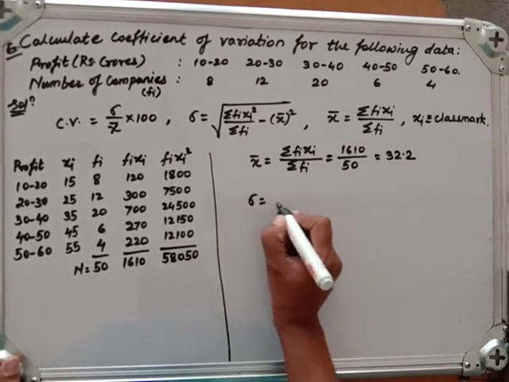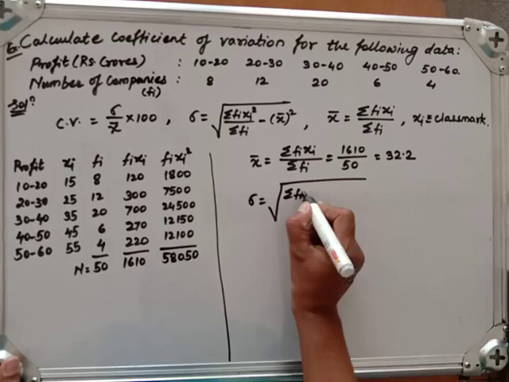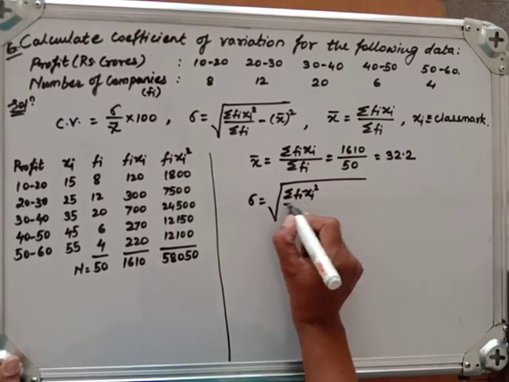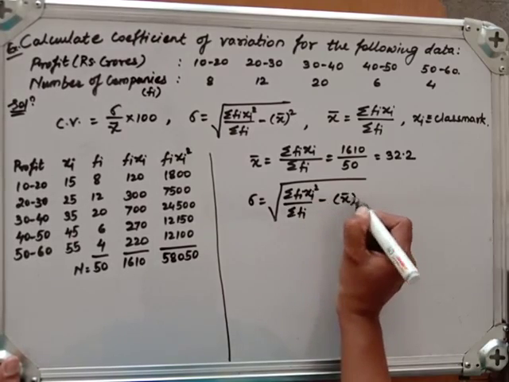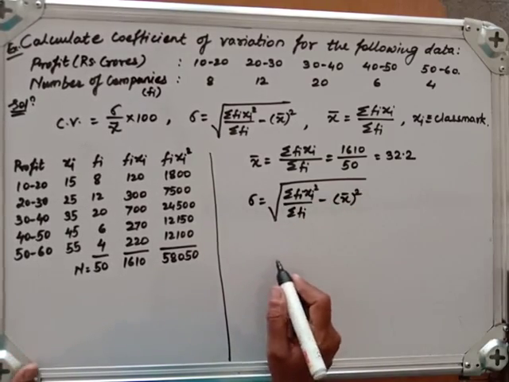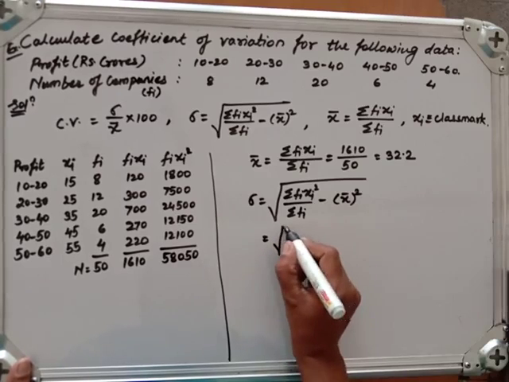Again, sigma is the positive square root of summation Fi Xi square upon summation Fi minus X bar square. Fine. So what will it be? Let us substitute the values.